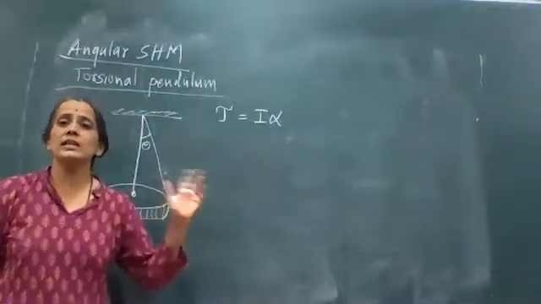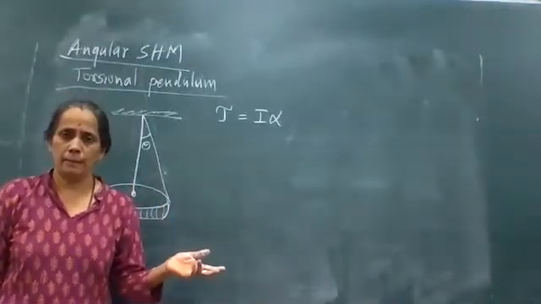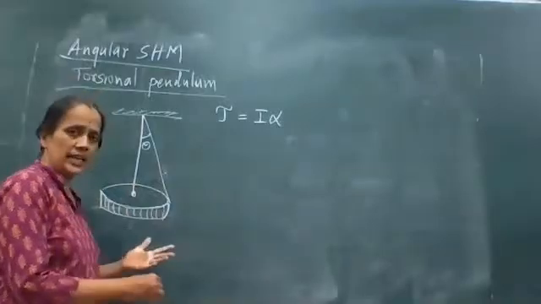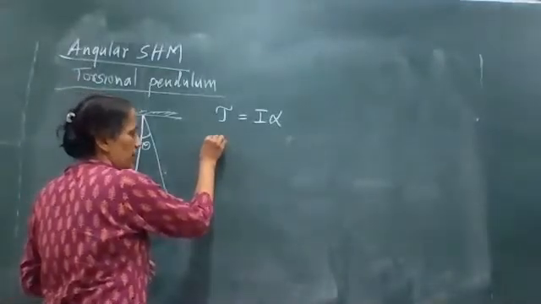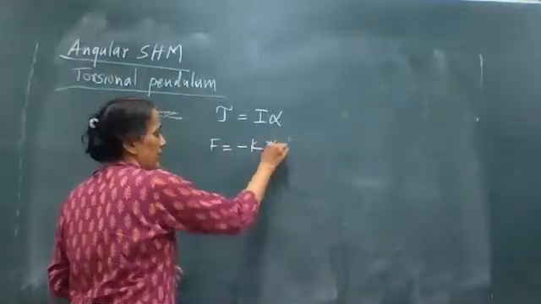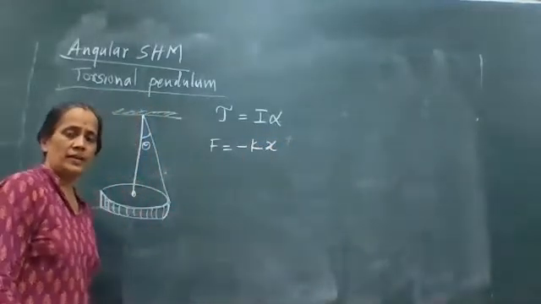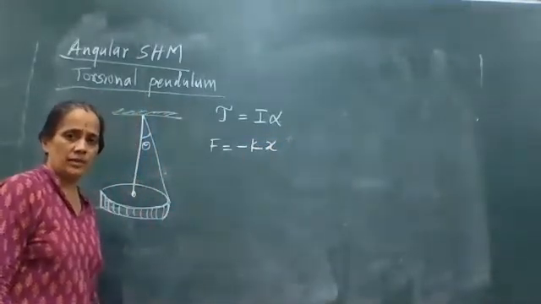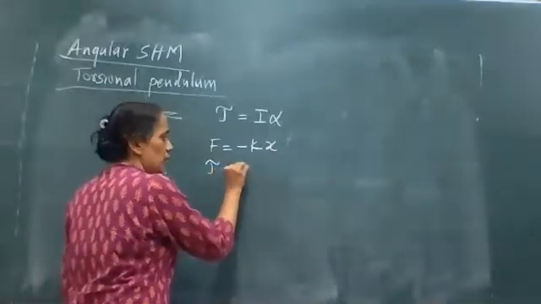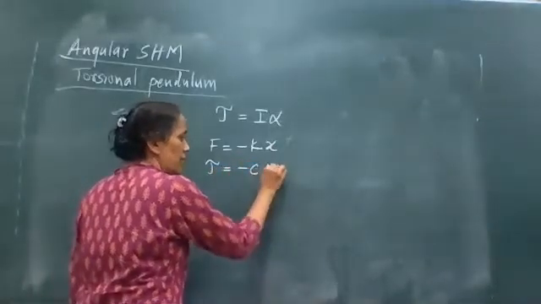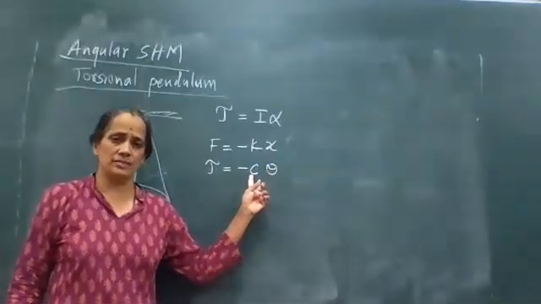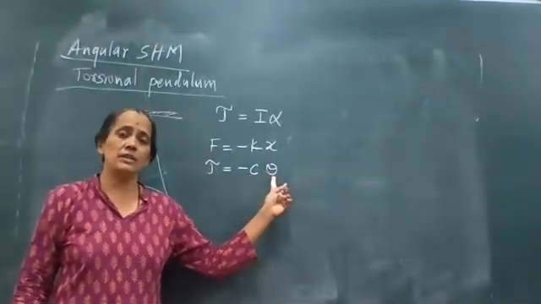So now we can see the equivalence. In linear SHM, we have seen that the force F is equal to minus Kx. So in angular SHM, I can say that tau is equal to minus C into theta, where C is the restoring constant and theta is the angular displacement.